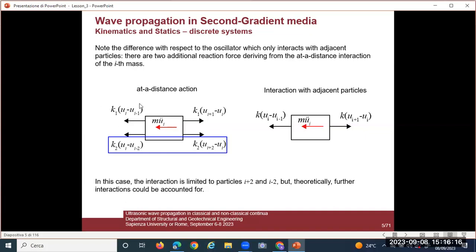So we have a couple of additional forces.